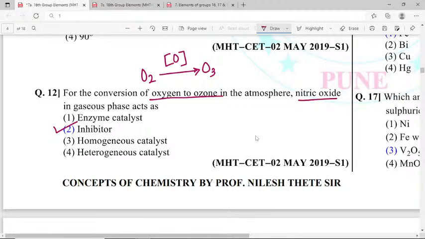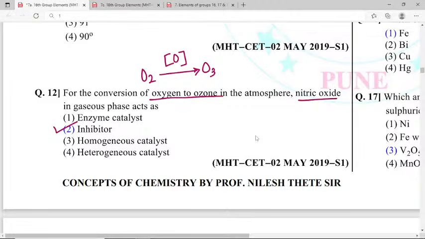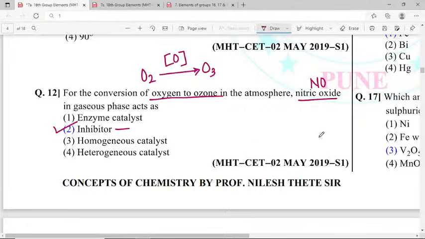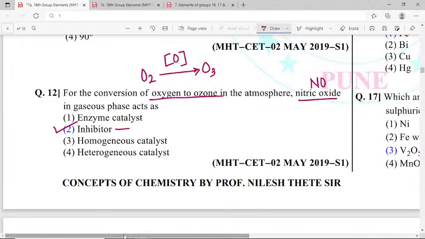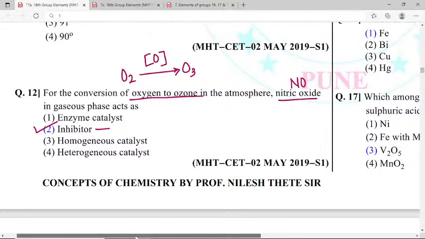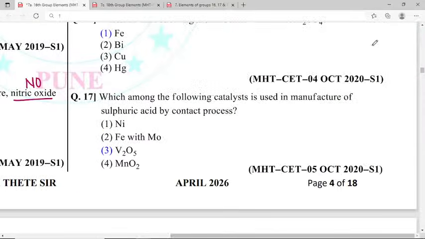It inhibits the conversion of oxygen into ozone in the stratosphere. So it acts as the inhibitor to decrease the rate of reaction.